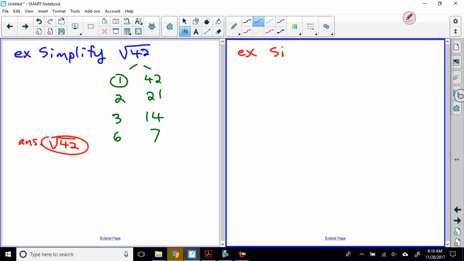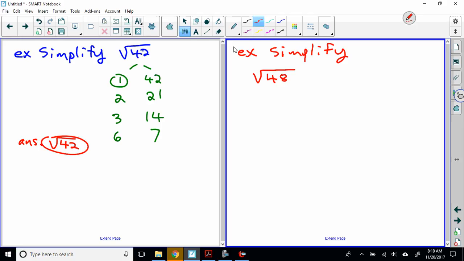Let's try this now. Example, simplify. Let's see if we do any better with this. Simplify the square root of 48.